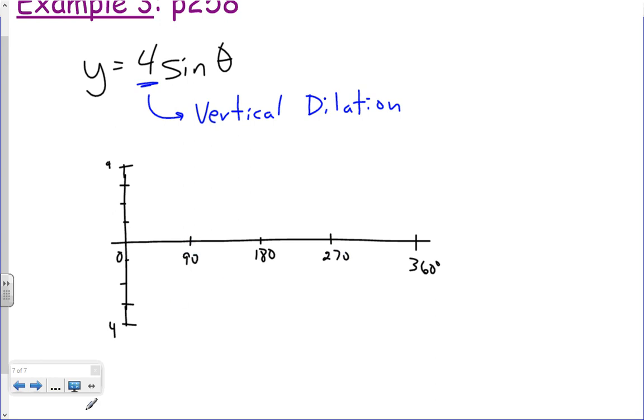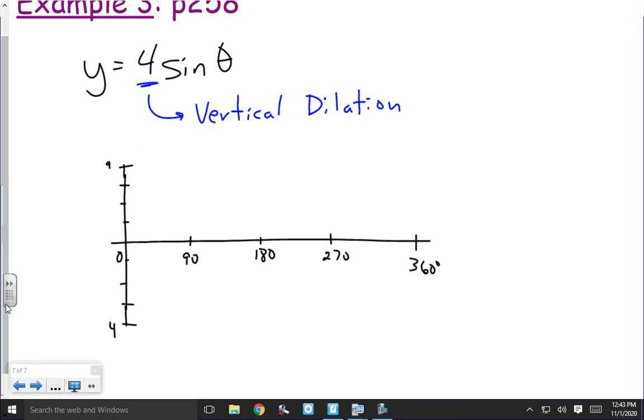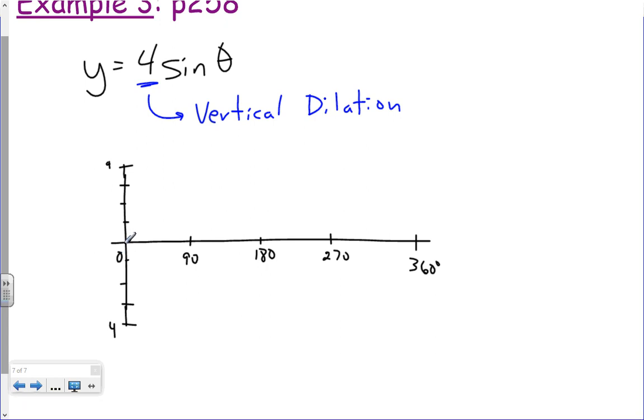All right. So the sine function, you might have to go back and refresh your memory on what sine looked like. But sine was the function that started out at the origin. And then at 90 degrees, it was at its high point. At 180, it's back to the origin. At 270, it's at its low point of -1, and then it's back to the origin there at 360.